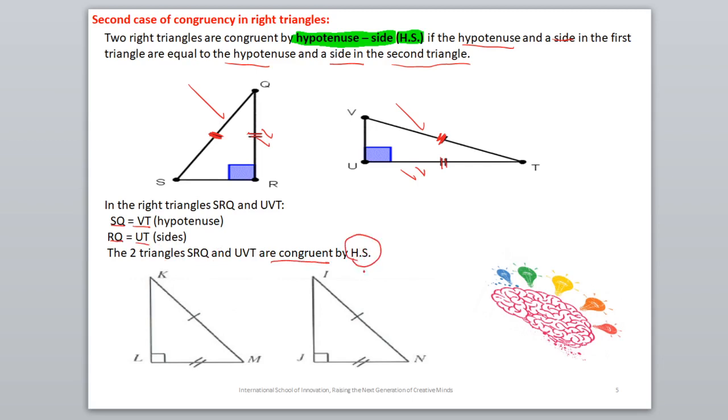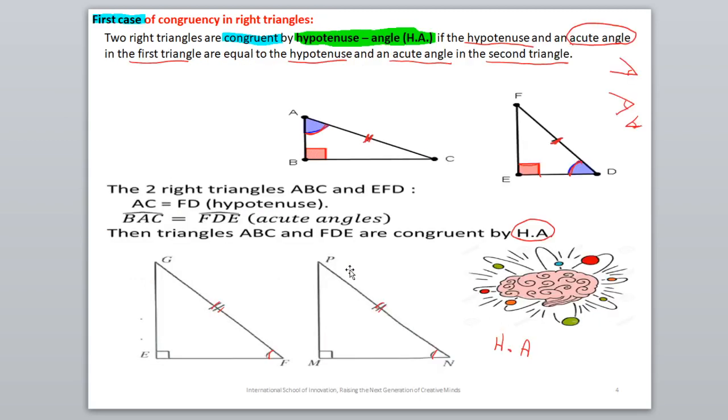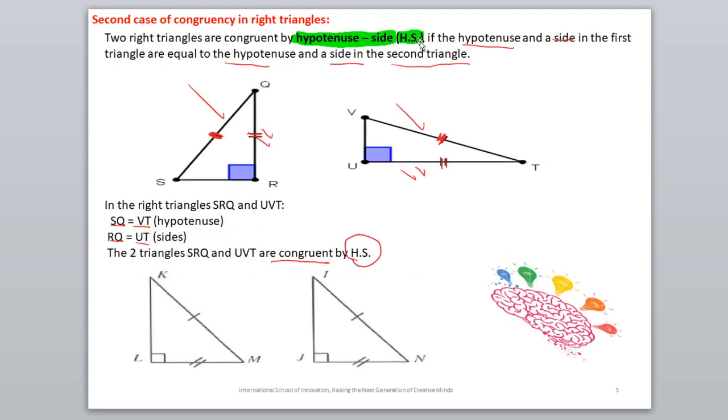So this is the difference between hypotenuse side and hypotenuse angle. For hypotenuse angle, the hypotenuse from each triangle and one acute angle from each triangle must be equal. In hypotenuse side, the hypotenuse must be equal and another side from each triangle must be equal. So what is common between these two ways? The common is the hypotenuse.